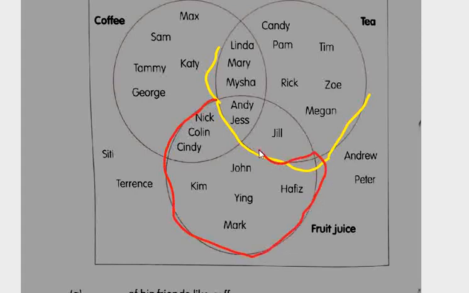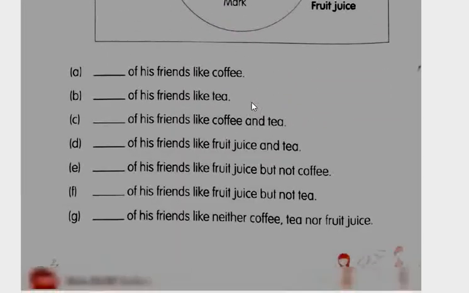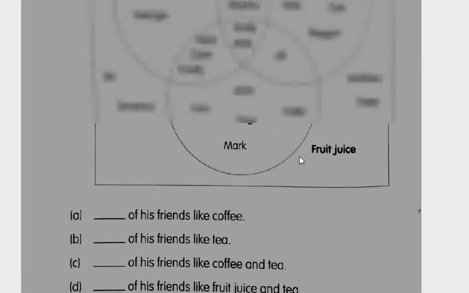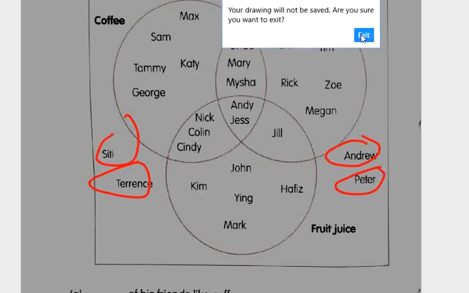So let's count all the names here, and that will be the answer. Okay, now question G. How many of his friends like neither coffee, tea, nor juice? Don't like coffee, tea, and juice. So the names that are not included in any circle, that is the answer.